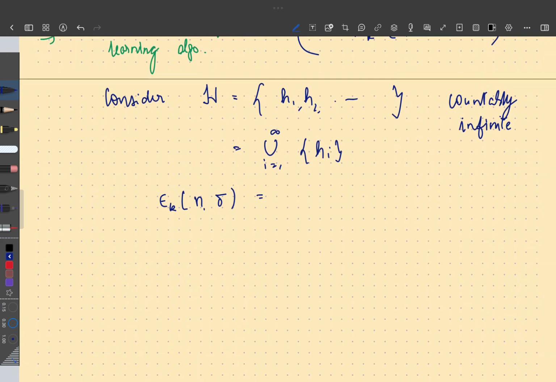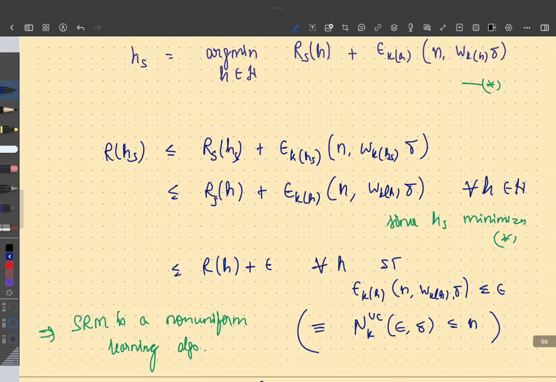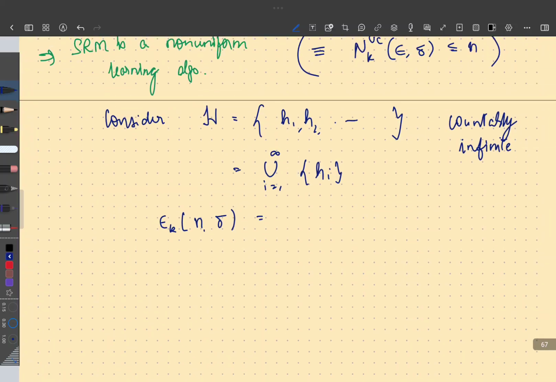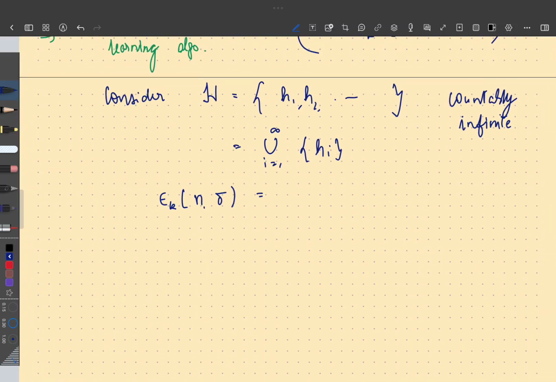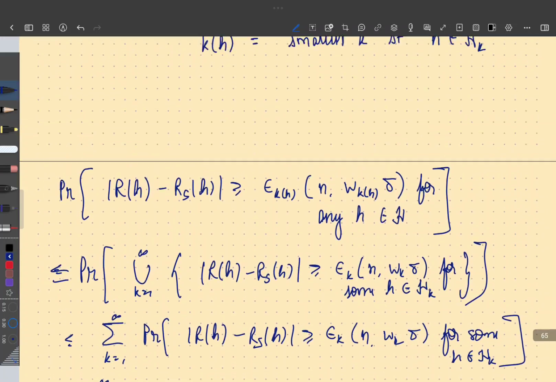So purely, let me put it in another way. That's the quantity that we have: R of hs minus Rs of h, but that's not what we're interested in, right? We want a concrete bound that depends on n and delta. All right. What is the definition of epsilon k of n comma delta?